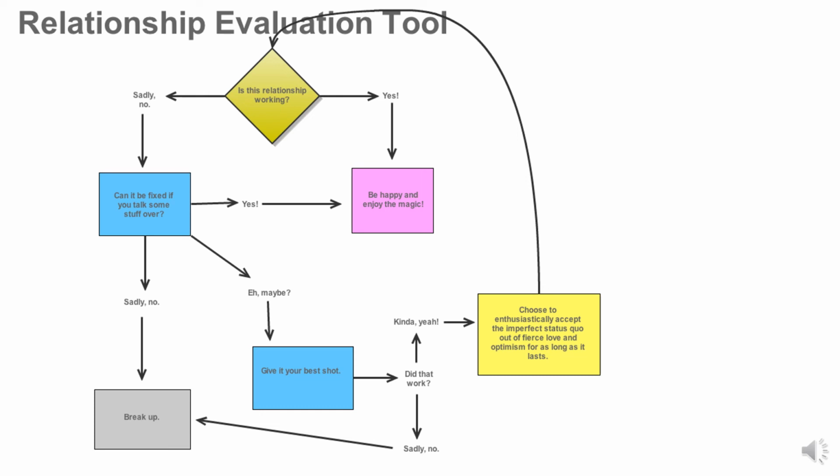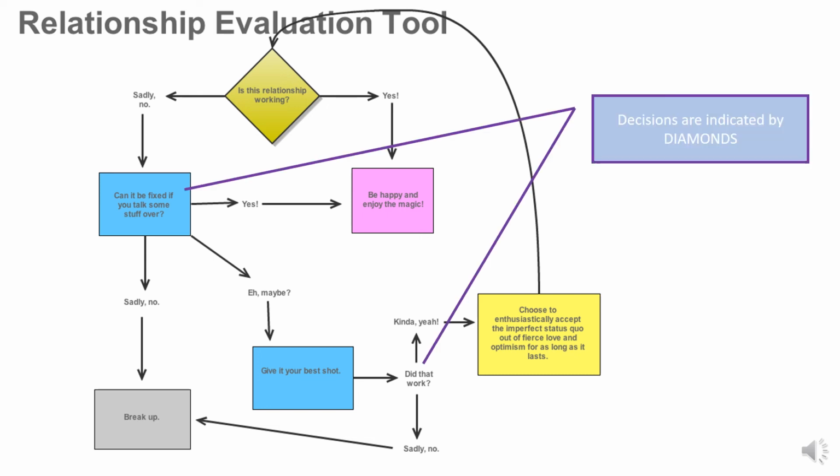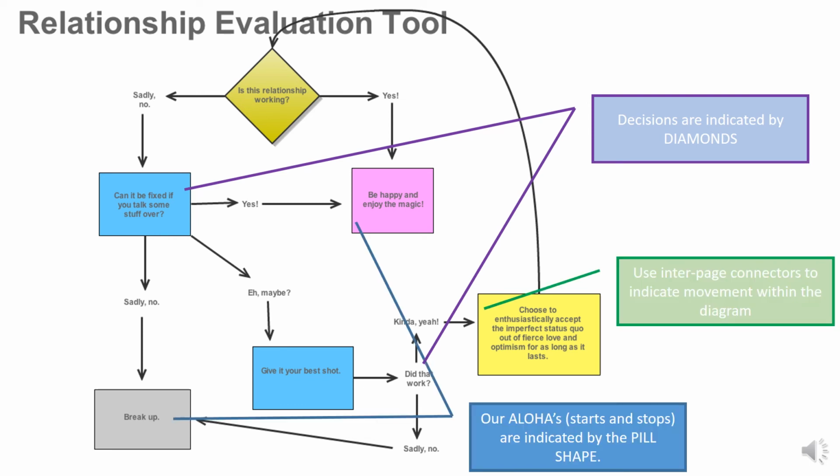What I like about this flowchart is that it has a clear beginning. Is the relationship working? That clear beginning is indicated by a diamond, which we use to note a decision. Beyond that, this diagram gets confusing. We have decisions that are shown as a process or a simple question and not by a diamond. We've got beginnings and ends that are shown by rectangles and not the pill shape.